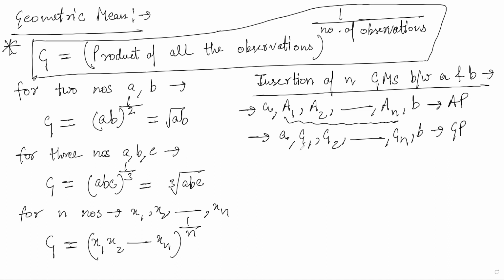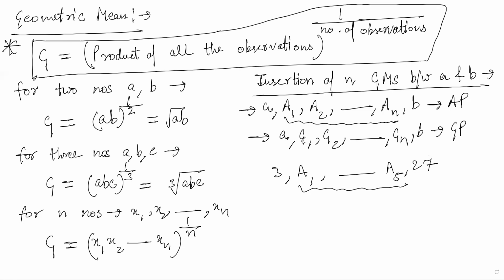Arithmetic mean तो हमें पता ही है, sum of all the observations divided by number of observations. पर arithmetic means की अगर हम बात करते हैं, तो arithmetic means में हम कुछ numbers को दो नंबर के बीच में इंट्रोड्यूस करते हैं. हमें बोला जाएगा find five AMs, find five arithmetic means between 3 and 27. तो इसका ये मतलब है कि 3 और 27 के बीच में 5 नंबर आप इंट्रोड्यूस करो, जिसको आप कुछ भी मान सकते हो. हम जनरली उनको A1, A2, A3, A4, A5 मान लेते हैं. आप उन 5 नंबर को 3 और 27 के बीच में इंट्रोड्यूस करो, पर वो 5 नंबर इन दो नंबर्स के साथ मिलके, 3 और 27 के साथ मिलके एक AP बनाए. तो आप ये बोल सकते हो कि ये 5 नंबर अर्थमेटिक मीन्स है इन दो नंबर के बीच में.